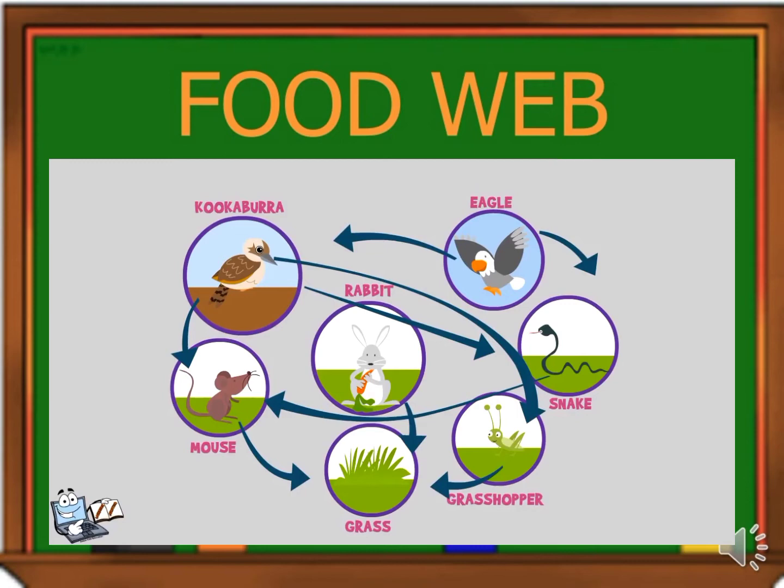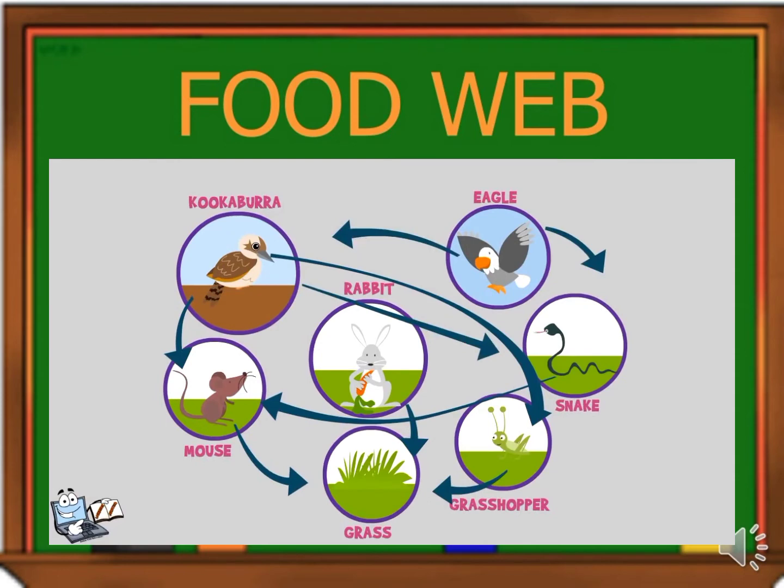Grass can be eaten by both a rabbit and a grasshopper, and the mouse can be eaten by a snake and a kookaburra. Also, these snakes can be eaten by an eagle and a kookaburra. So a food web is a network of food chains by which nutrients and energy are passed on from one species of living organisms to another species.